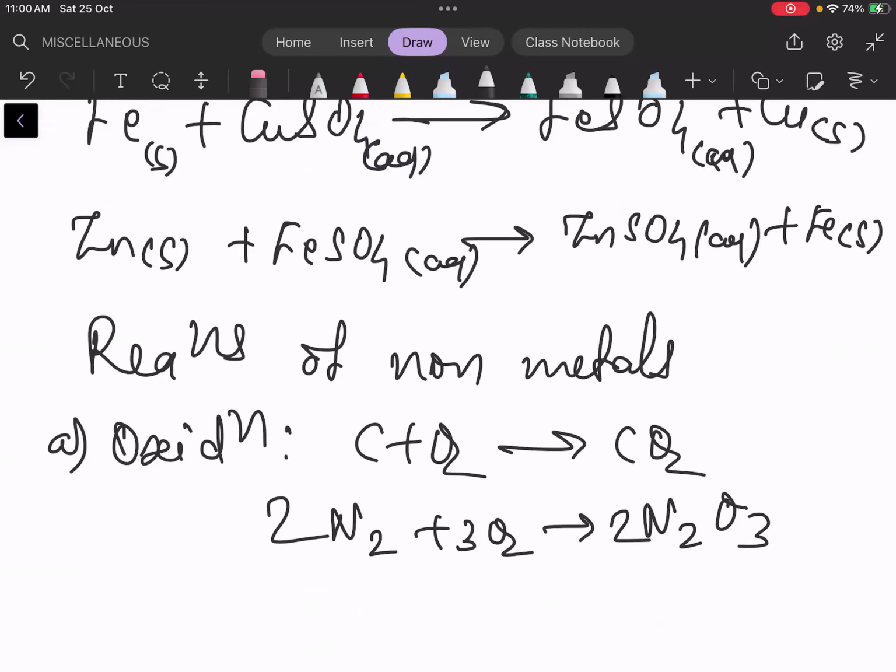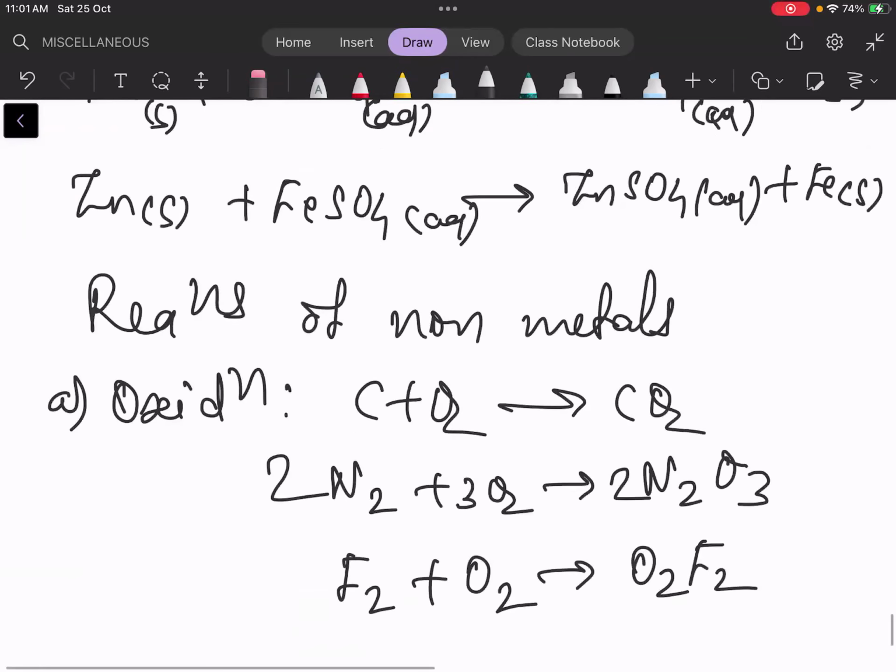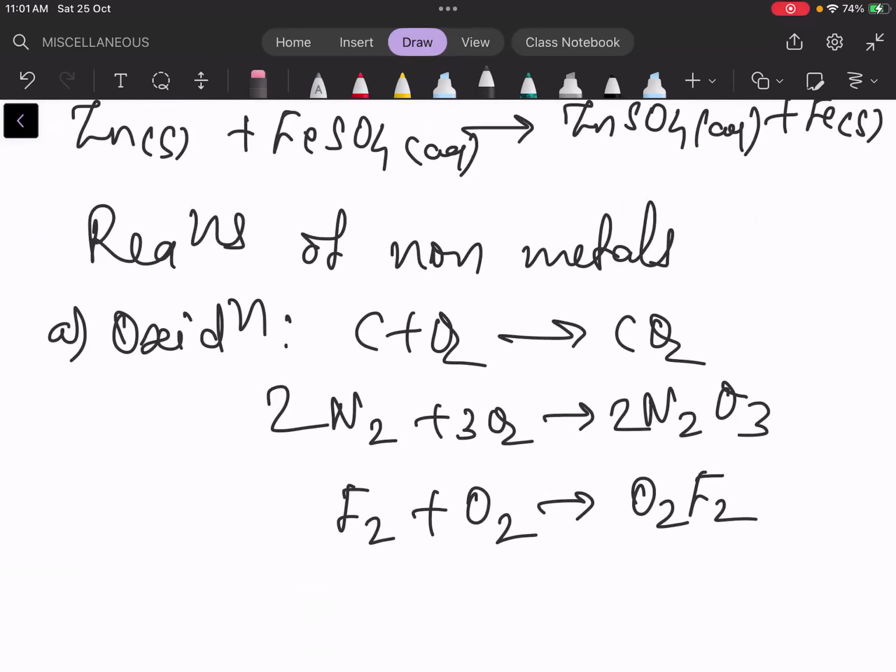Then fluorine combined with oxygen forms O2F2. So this is oxidation. Then reaction with water.